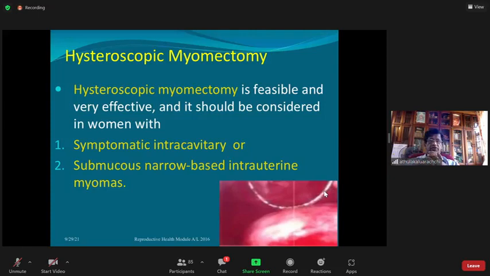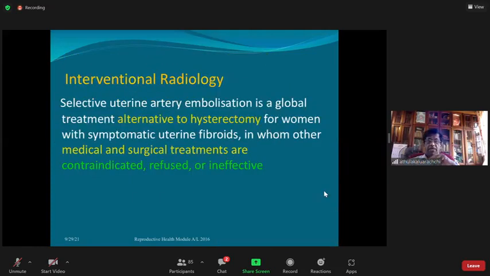So there are different ways you can do it: either cut piece by piece, or use a different instrument put through the hysteroscope to resect this myoma hysteroscopically.